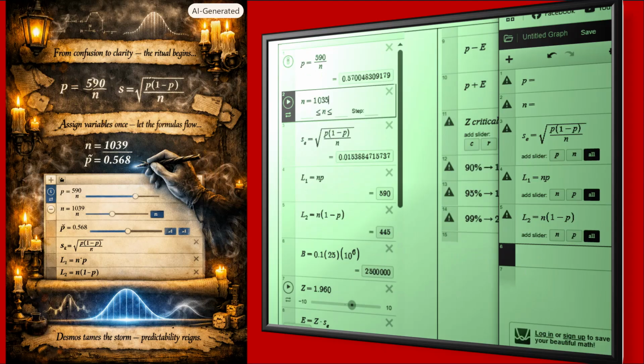And then to verify our big population condition, we need to verify that our sample is no more than 10% of the population, or in other words, the population should be at least 10 times our sample.